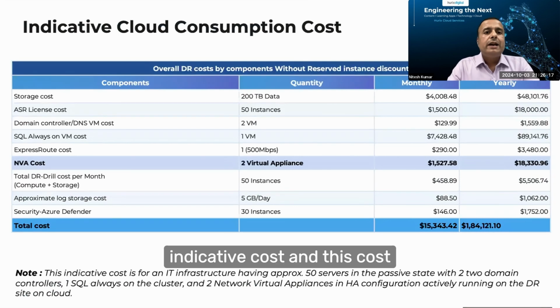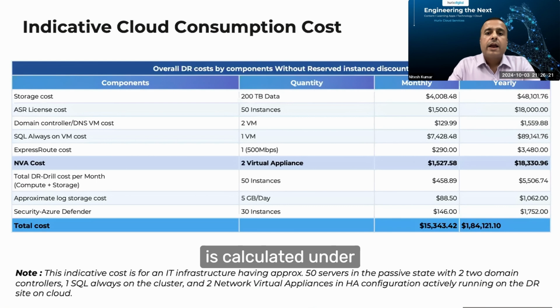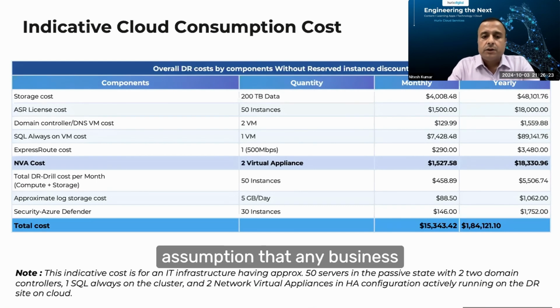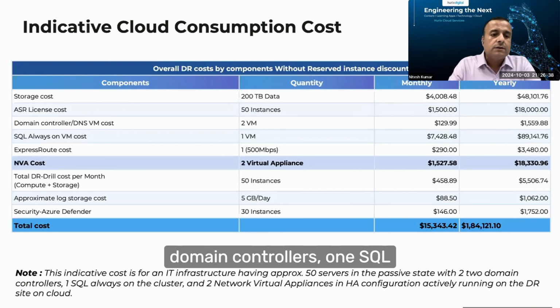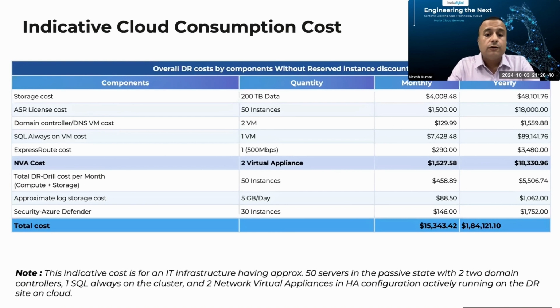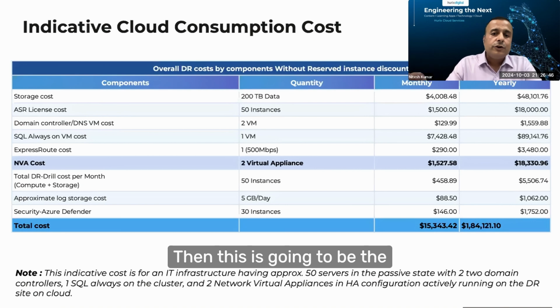So friends, this is the indicative cost, and this cost is calculated under the assumption that any business organization having approximately 50 servers and a similar number of other IT infrastructure components, like two domain controllers, one SQL Server Always On cluster, and two virtual appliances as firewall running in high availability on their primary side, then this is going to be the cost.